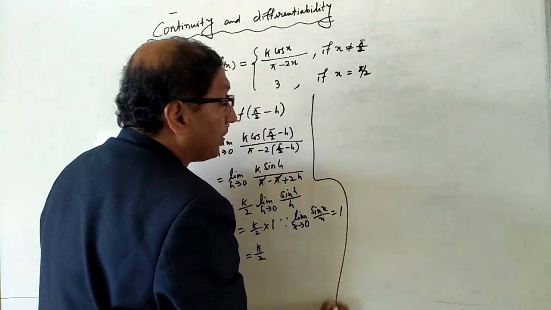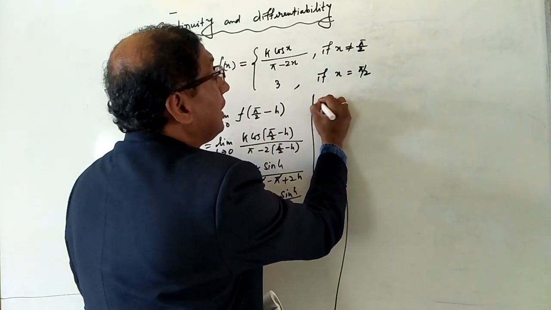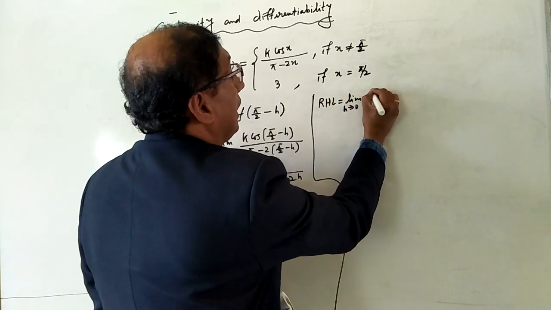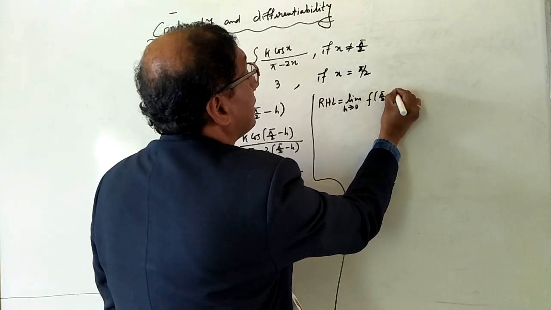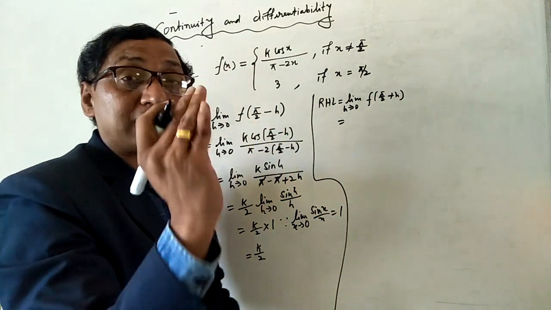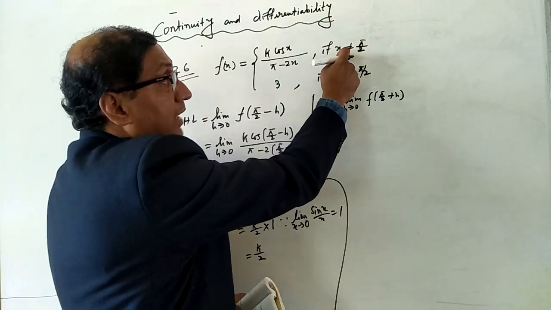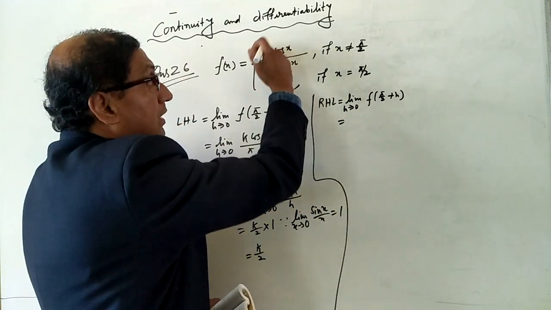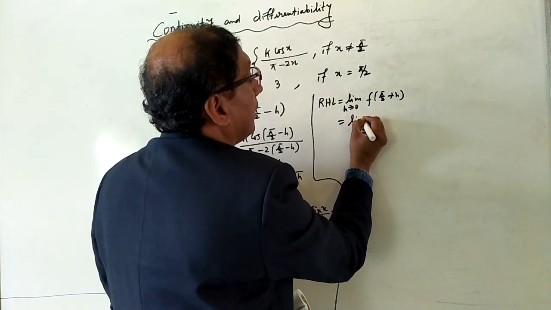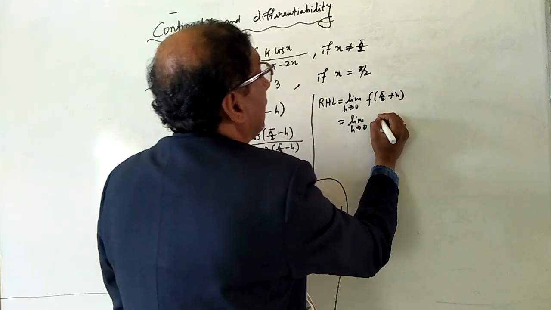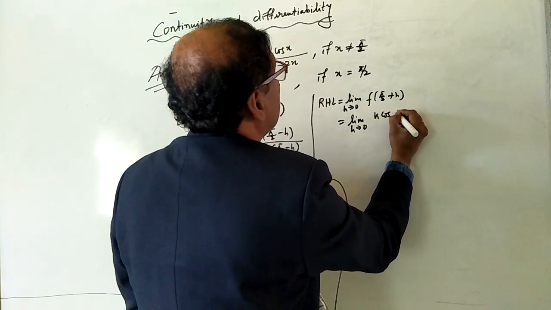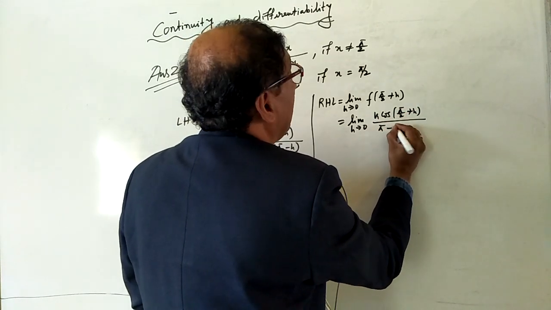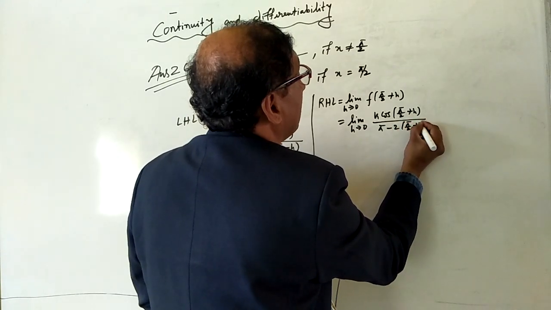Similarly, the right hand limit also we find. So right hand limit, h tends to 0, f(pi by 2 plus h). Here also pi by 2 plus h means more than pi by 2. If x not equals to pi by 2, that means less than also, greater than also, we have to consider this function. So limit h tends to 0, k cos(pi by 2 plus h) upon pi minus 2 into (pi by 2 plus h).